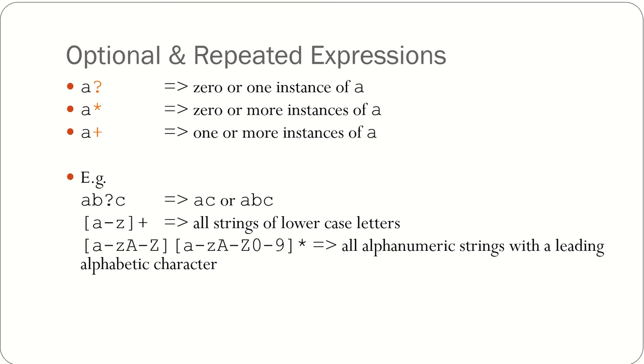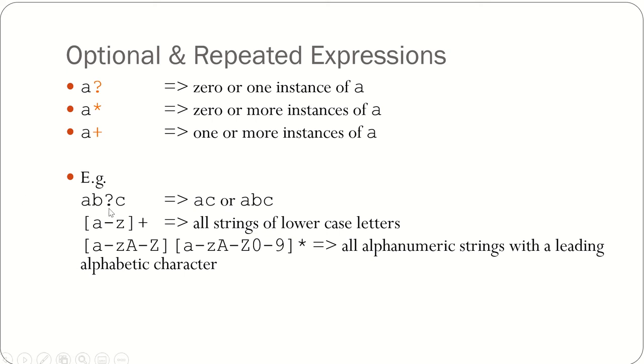While giving regular expressions, you can use these forms: a question mark, which matches 0 or 1 instance of A. If you give A asterisk, 0 or more instances of A; A plus, 1 or more instances of A. By using these expressions, you can customize your regular expression.